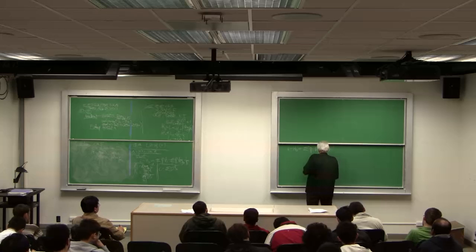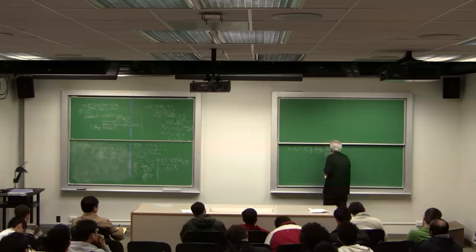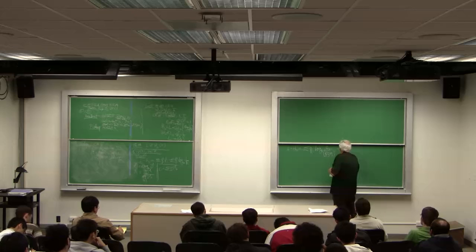Now, I normalize this by the summation of D to the minus l_j, which means I have to divide by the summation of D to the minus l_j.